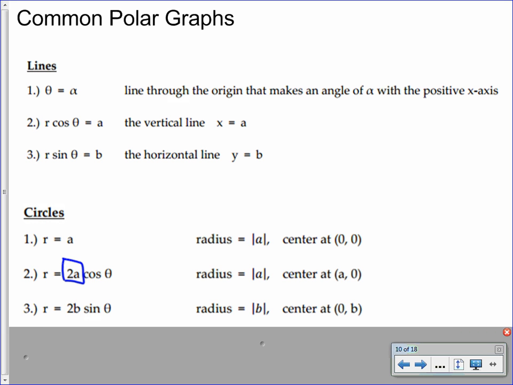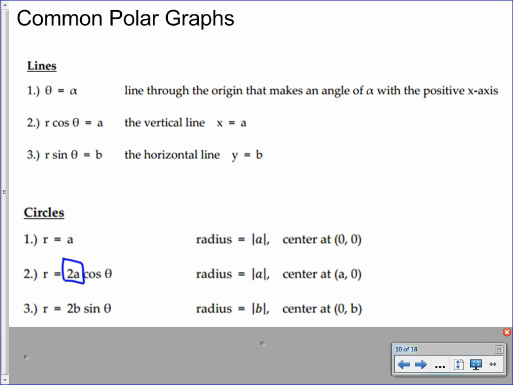Those are circles because it's just theta. On a polar graph, 2 and 3 would not look like circles.